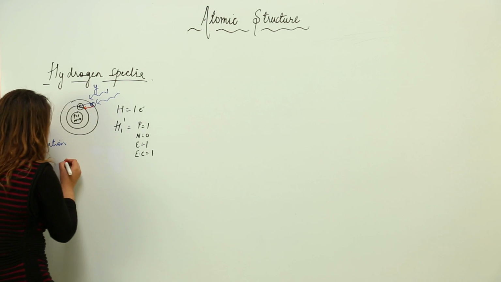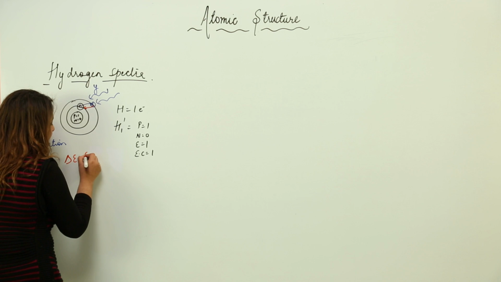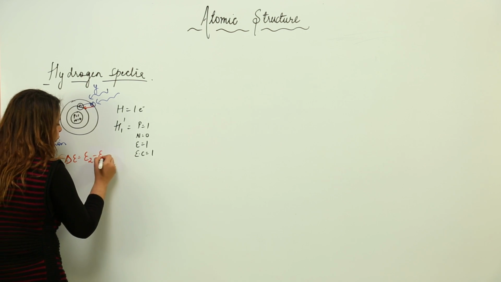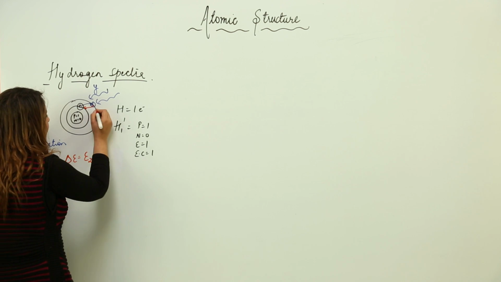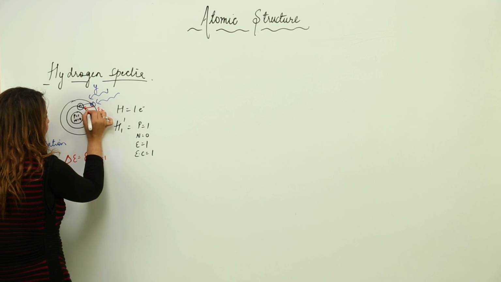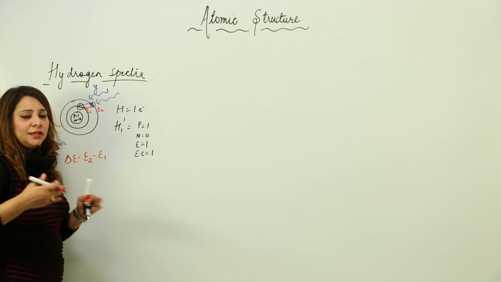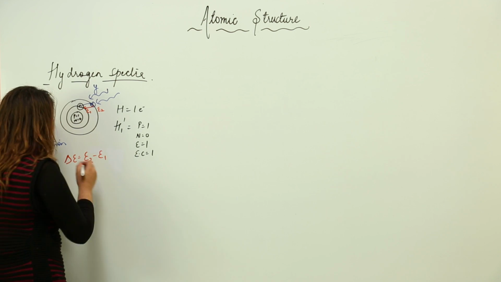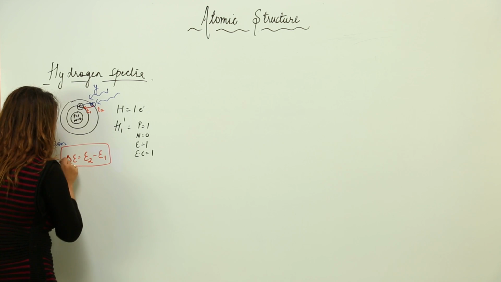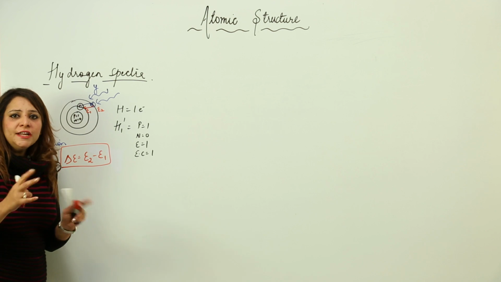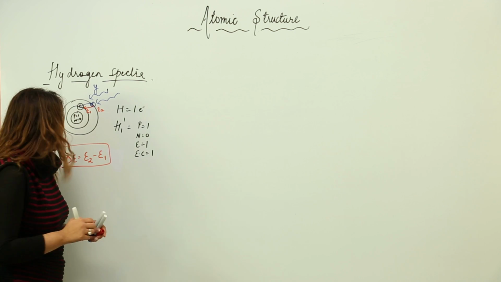And that energy release is equal to the energy difference between the two shells. For example, we say here the energy is E2, here the energy is E1. So when it returns to its shell, it will release the energy absorbed, which will be equal to the difference between the energy of the two shells.